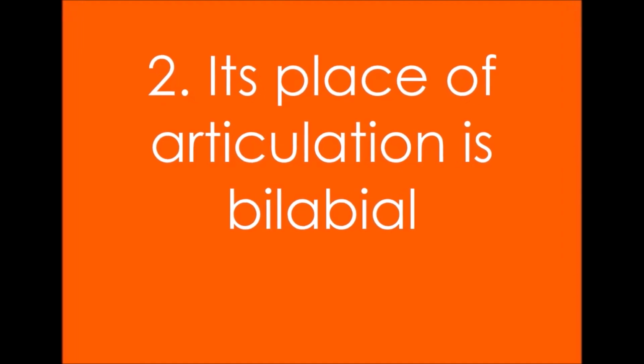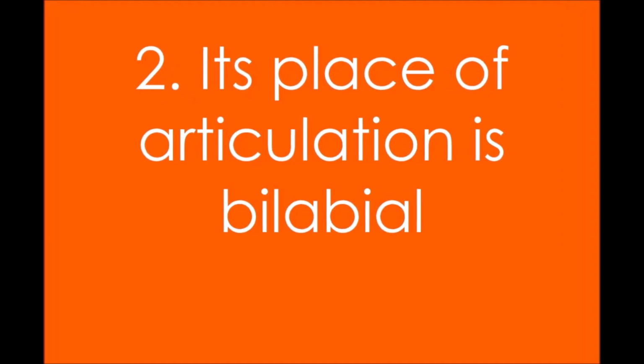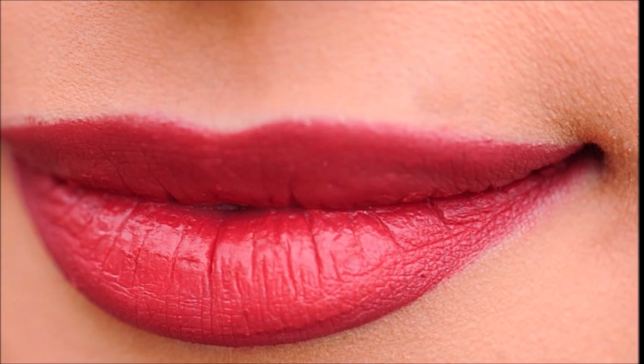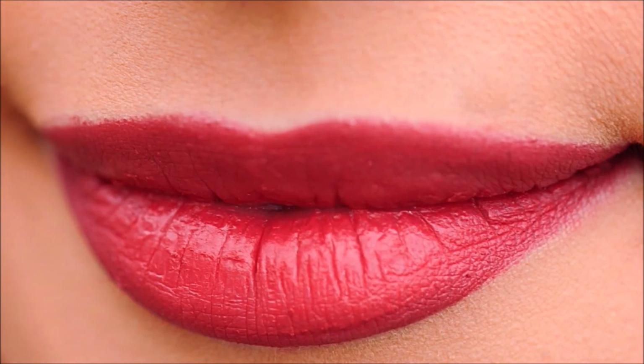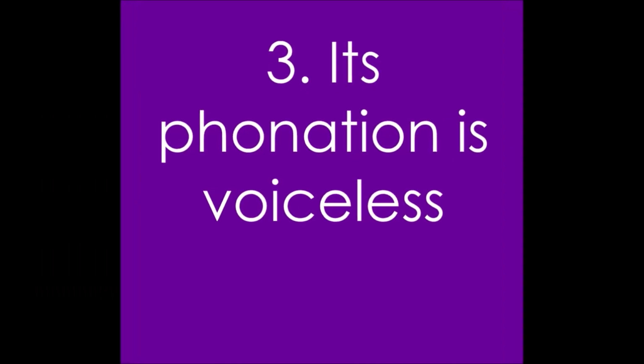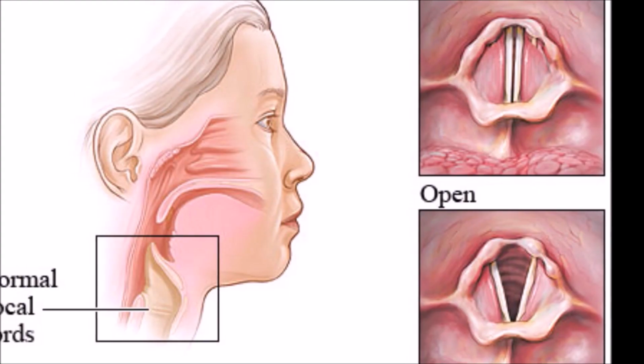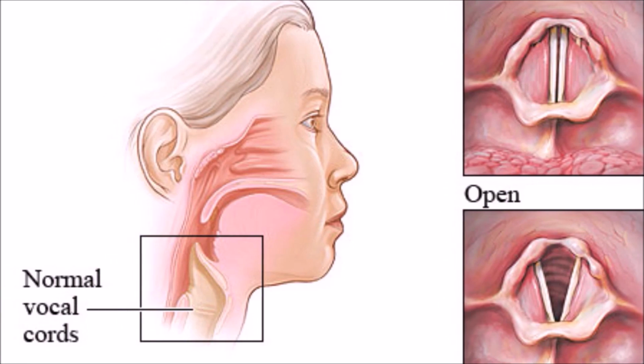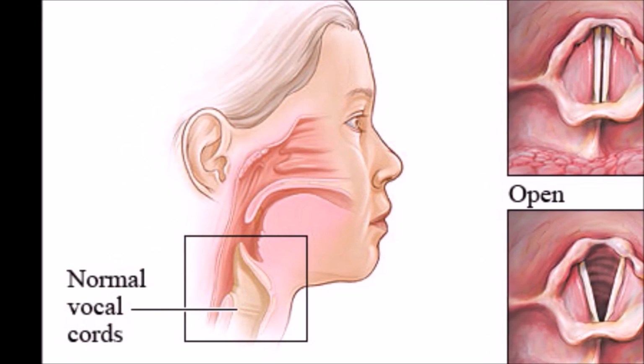Its place of articulation is bilabial, and that means we articulate it with both lips. 3. Its phonation is voiceless, which means we say it without vibrating our vocal cords.